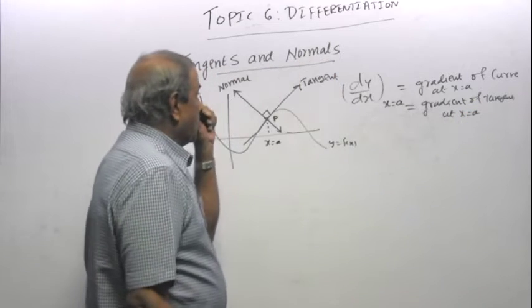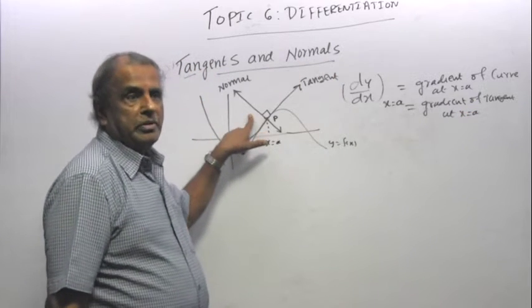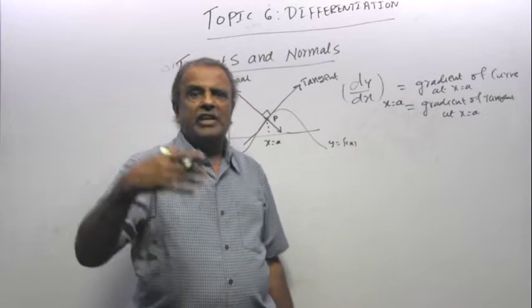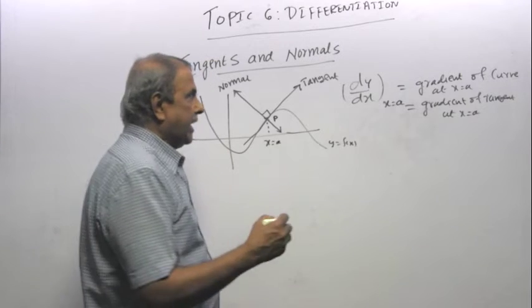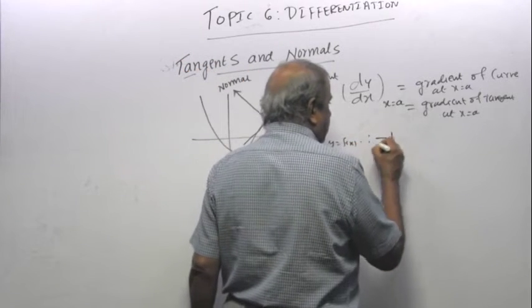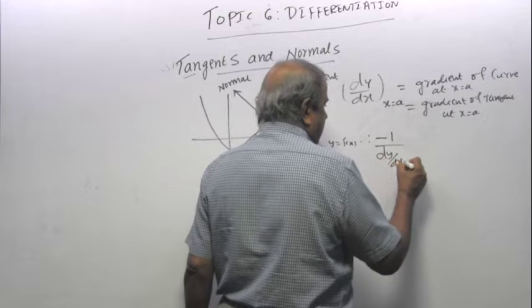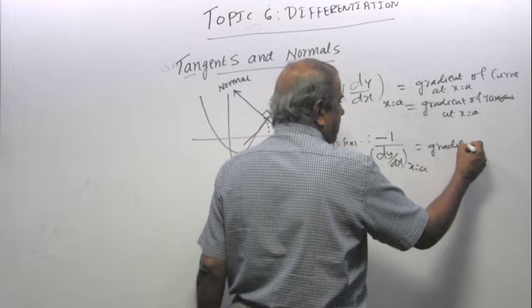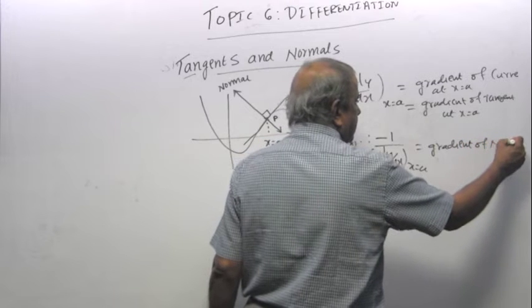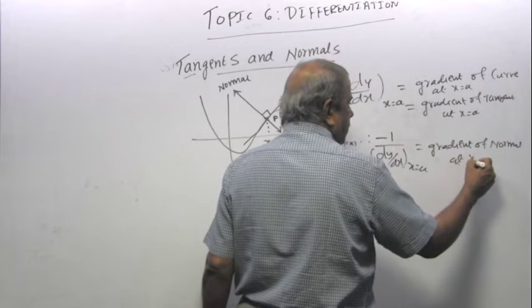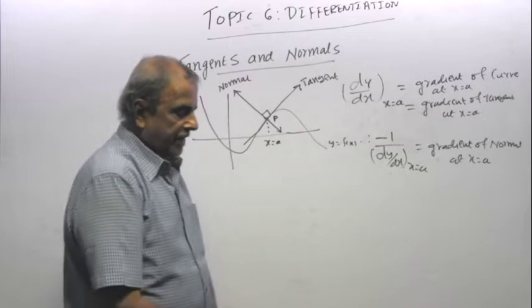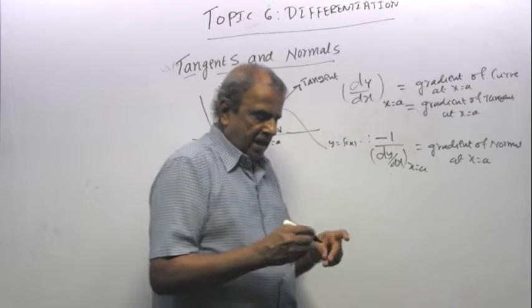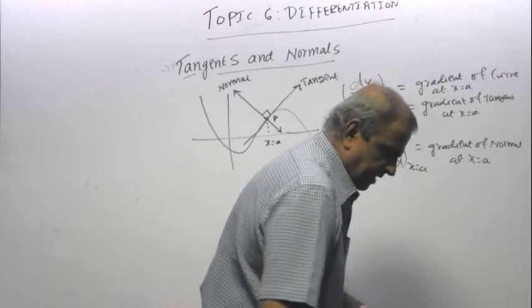Then the gradient of the normal: remember we did coordinate geometry, where I mentioned that if two lines are perpendicular, one gradient is the negative reciprocal of the other. So minus 1 over dy by dx at x equal to a is the gradient of the normal. In other words, to find the gradient of the normal, find the gradient of the tangent, and then take the negative reciprocal of that. I'll take a couple of examples to show this.